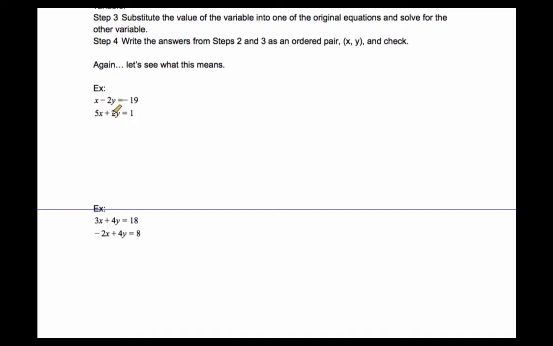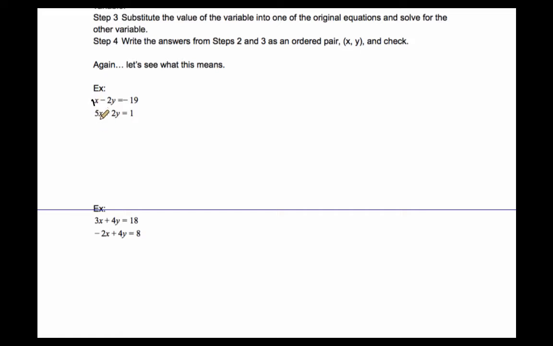So for example, x minus 2y equals negative 19, and 5x plus 2y equals 1. You can see that the variables are already lined up, the x's, the y's, and the constant. Now we need to look at the coefficients of the variables. What's the coefficient of this x? It's a 1. What's the coefficient of this x? It's a 5. If I add or subtract those, am I going to get 0?